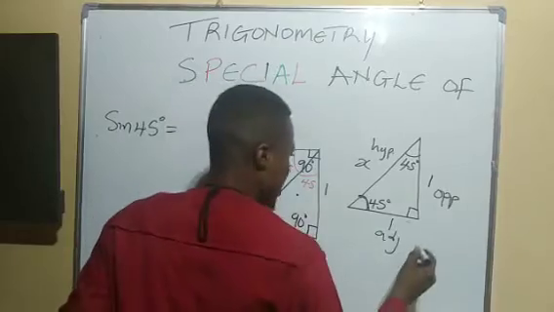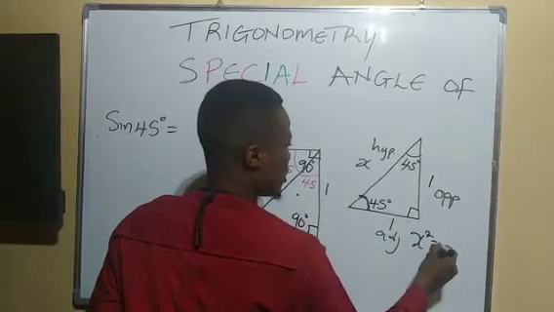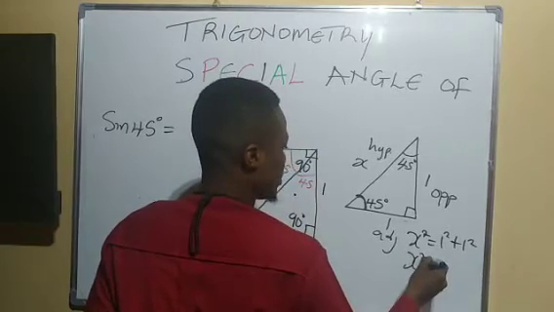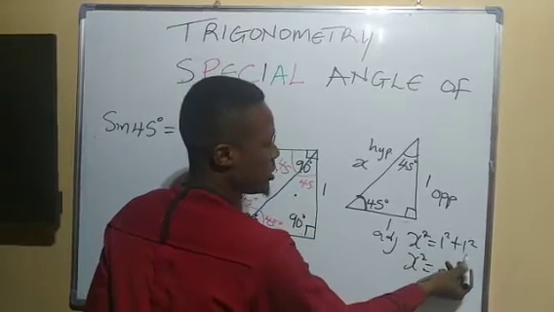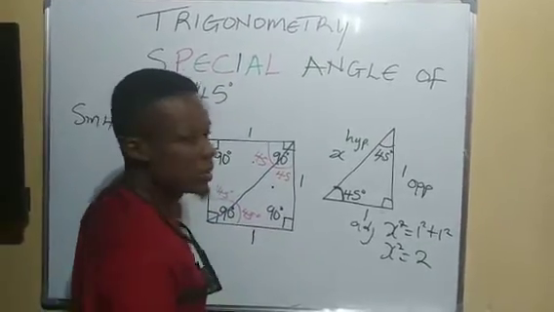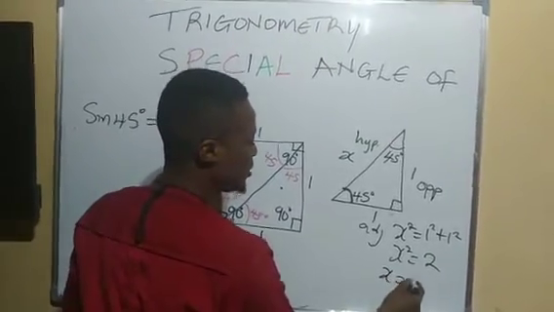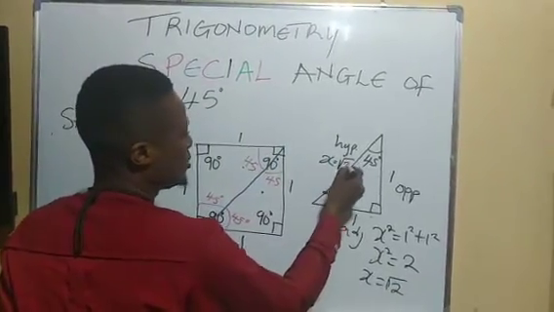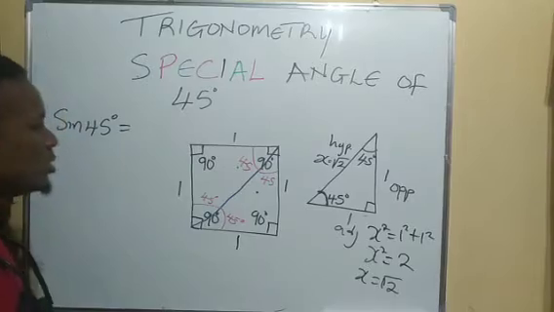So from Pythagoras, I can write that x squared equals 1 squared plus 1 squared. 1 squared is 1, 1 squared is 1. 1 plus 1 gives us 2. Then I'll take the square root of both sides, which means x is now the square root of 2. So I'll write root 2 here as the value of x.